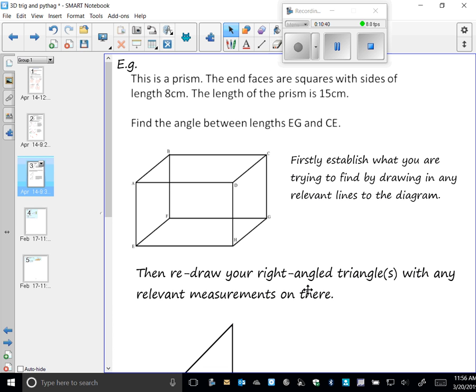Like the Toblerone box. That would be a prism because we've got a triangle on both ends. A carrot is not a prism because it's got a big circle at the end, and then it would go down to a tiny circle.